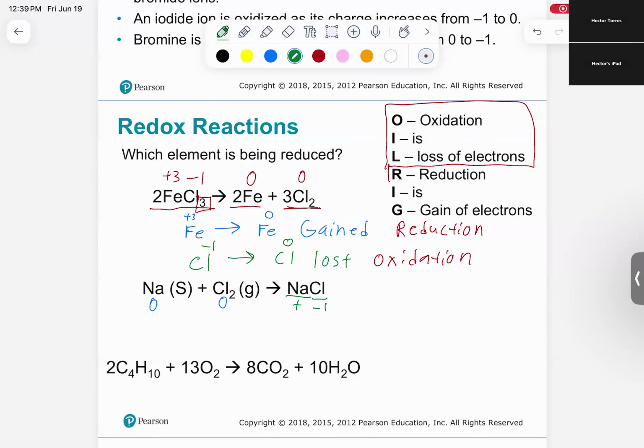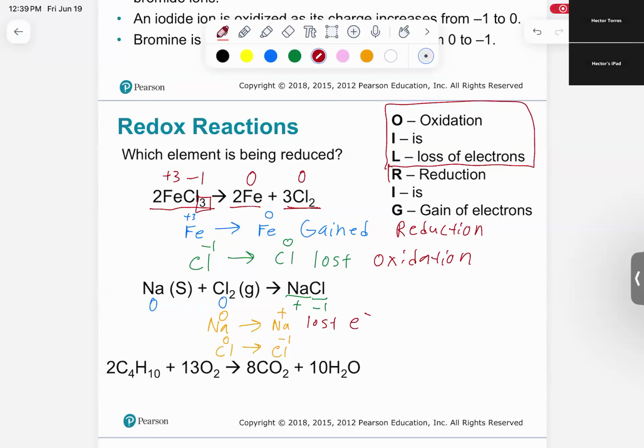Now let's match these up. Na starts with an oxidation value of 0, and in the products it has an oxidation value of +1. Cl starts at 0, and then it goes to -1. For Na, we can tell that because it went from 0 to plus, it lost electrons.